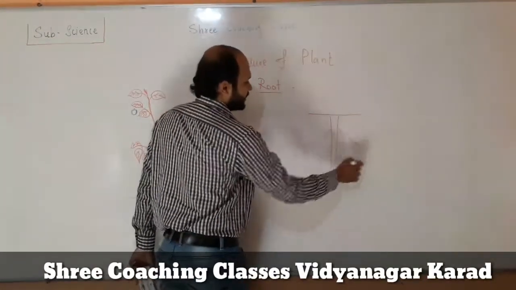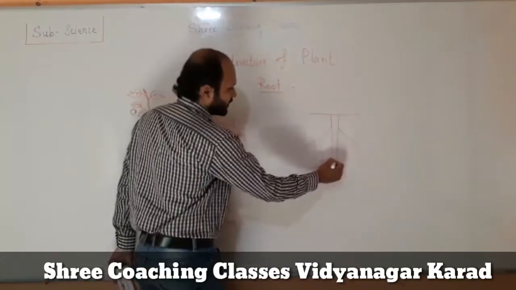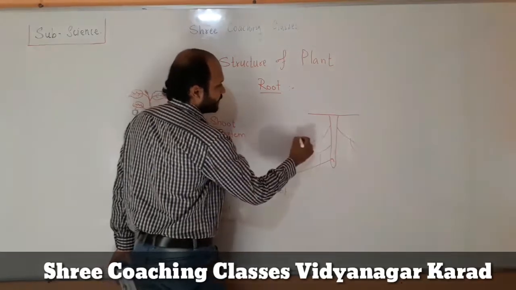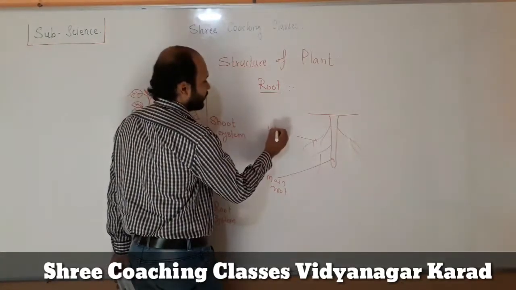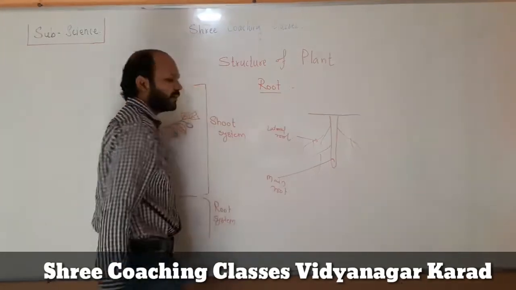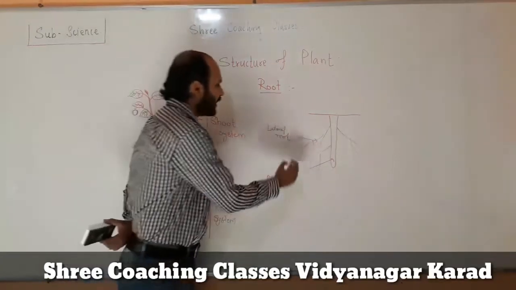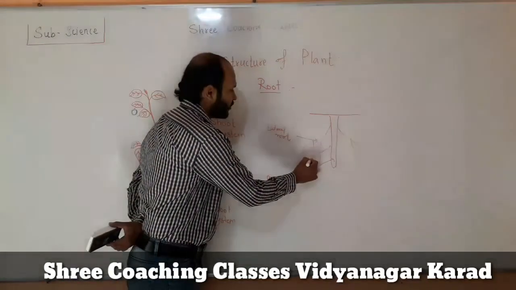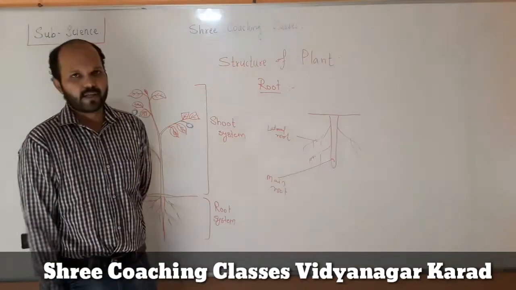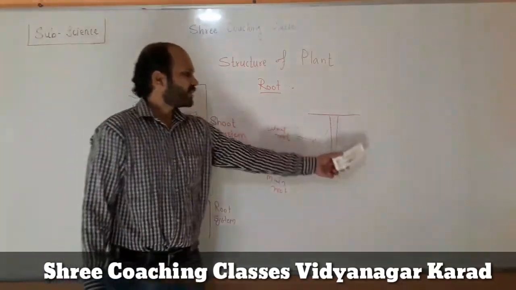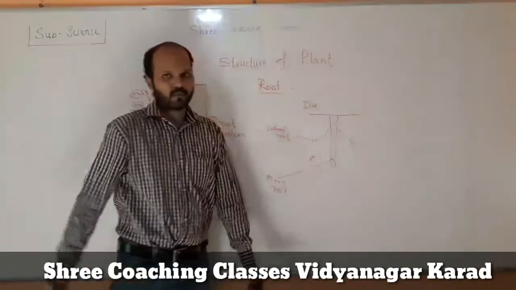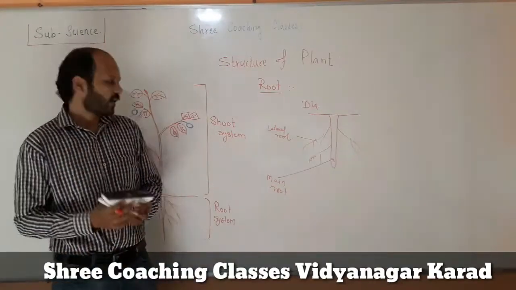This is known as the main root, and these are known as the lateral roots. On the lateral roots, small hair-like structures are present. These are known as the root hairs. So this is the diagram of a root, which is present below the ground level.